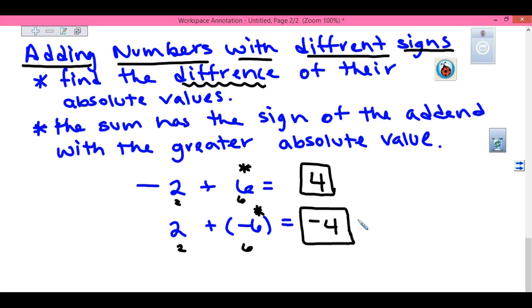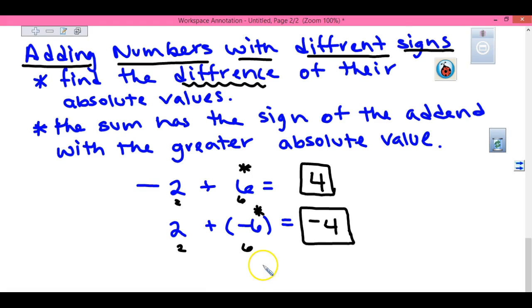So how can we remember these? Well, we can also use the Row, Row, Row Your Boat melody and think about it as: different signs, subtract and keep the sign. Keep the sign of what? The largest absolute value. So one more time. Different signs, subtract and keep the sign.